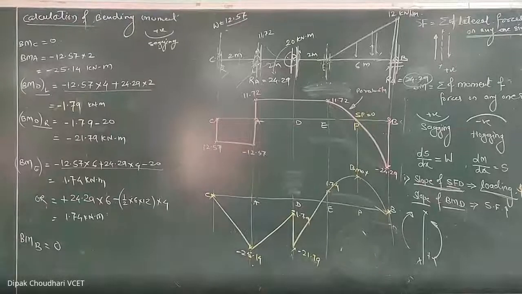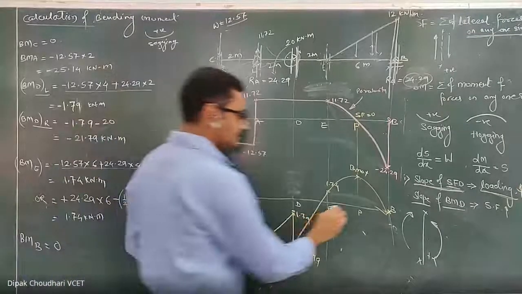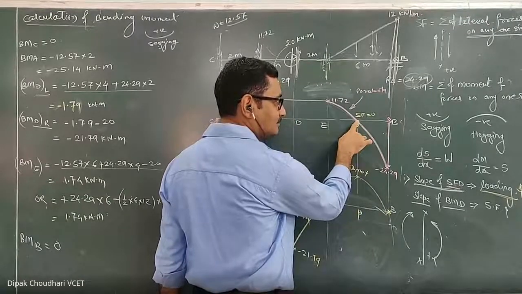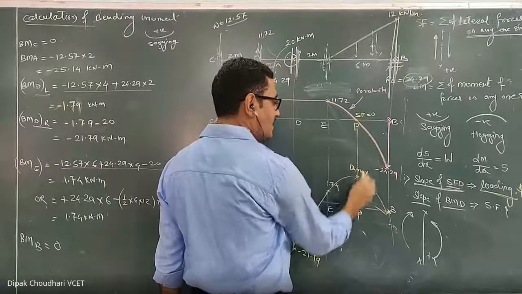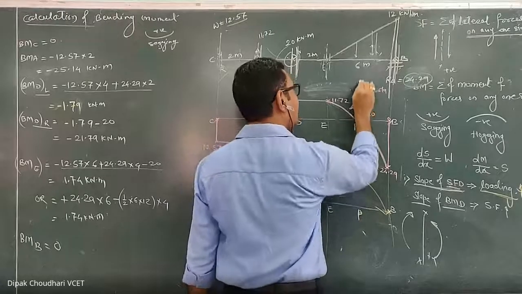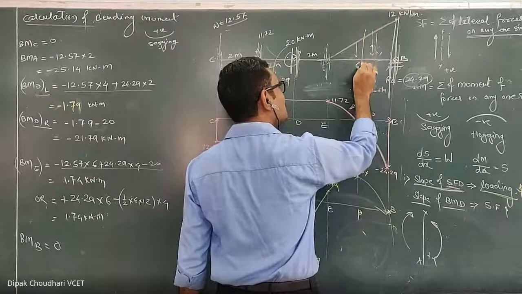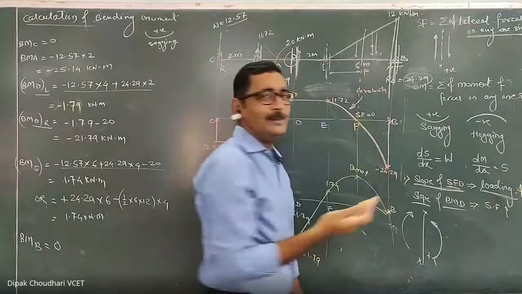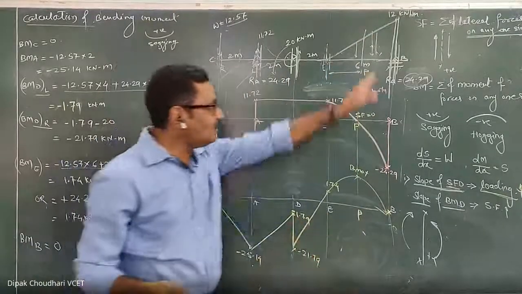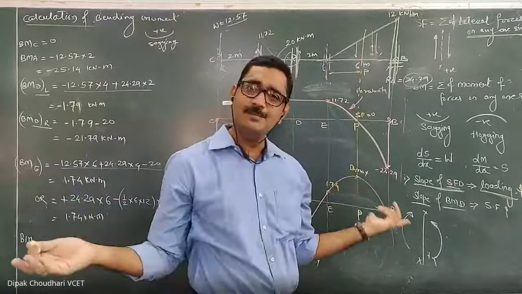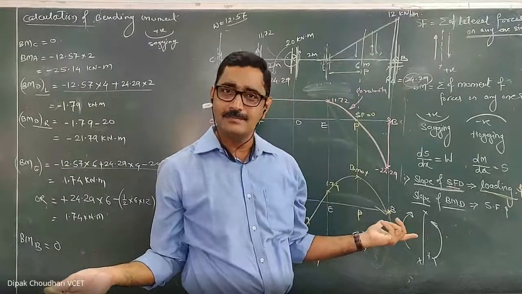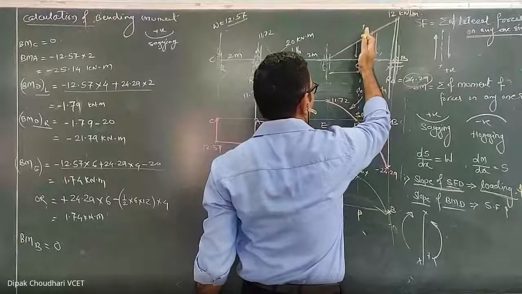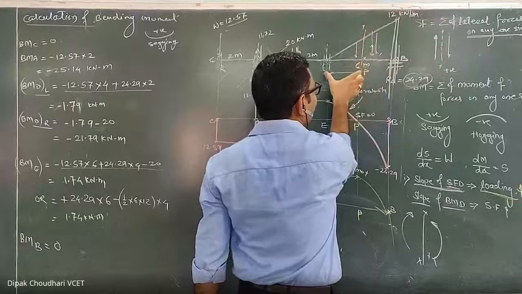Okay. Now let's calculate the maximum bending moment at point P. Now we know that at point P the bending moment is maximum because here the shear force is 0. So if I project this point in the loading diagram, if I know the position of this point P, if I know its distance, I can easily calculate the bending moment at point P. At this section XX at point P, I have to calculate the bending moment, and for that I need this distance.